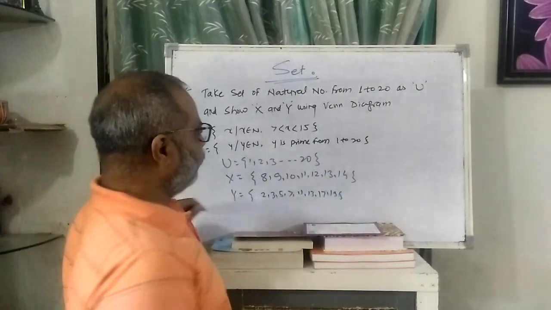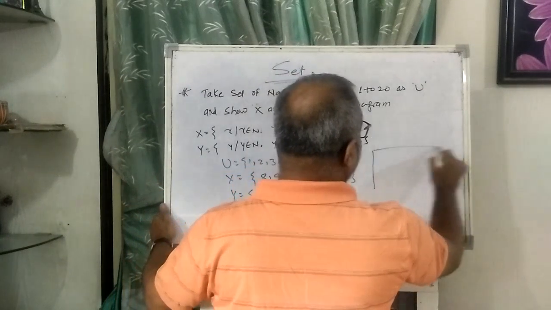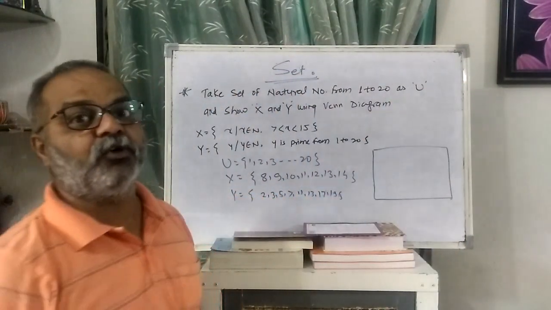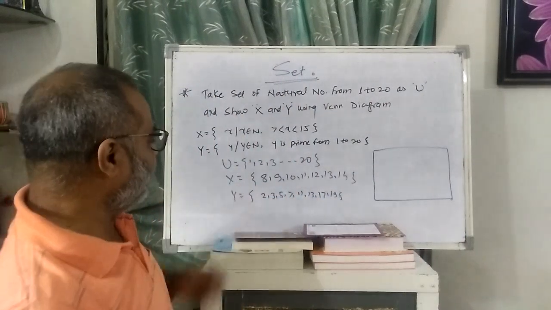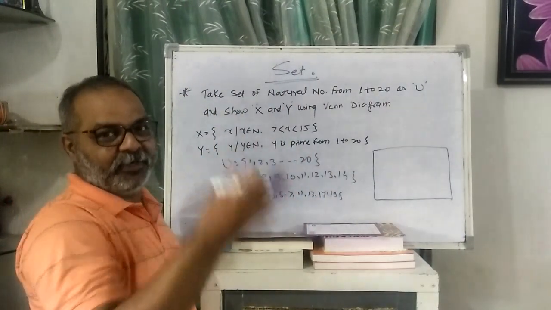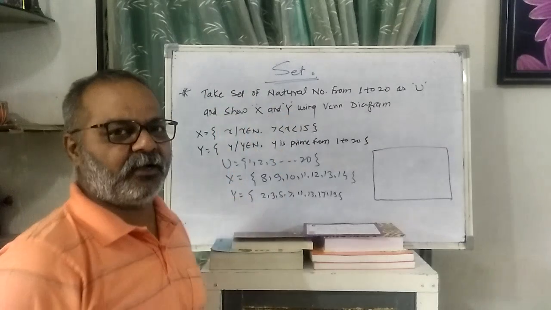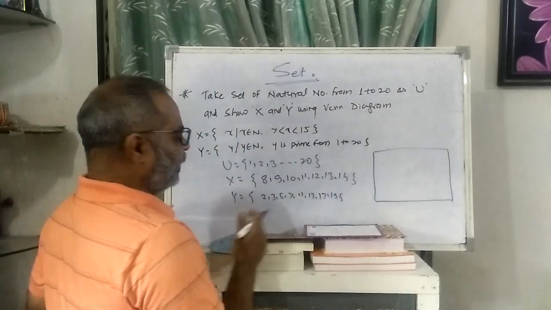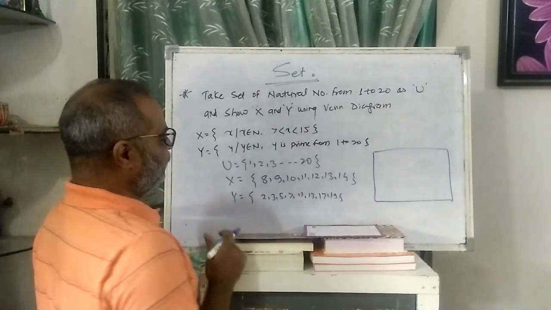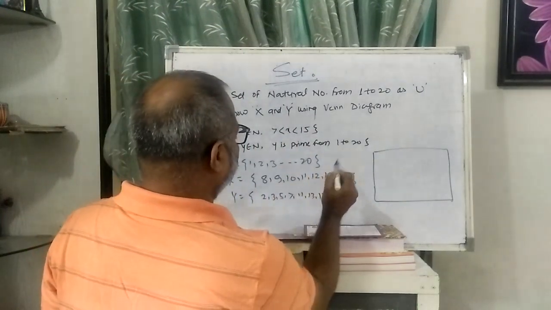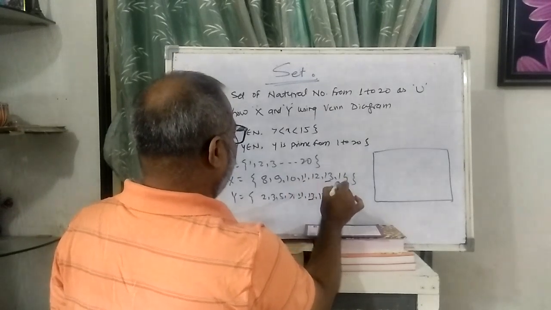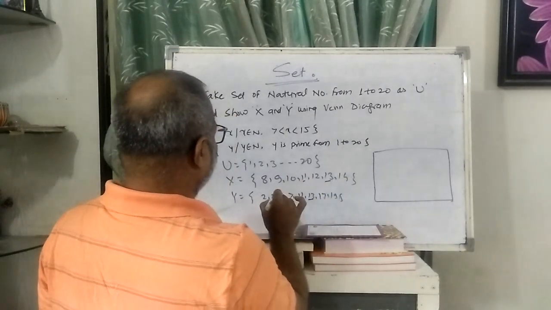Now I just draw the Venn diagram. This is the universal set containing 1 to 20, but there are some common elements. So we have some intersection part. We will discuss union and intersection in the next video, but intersection means the common elements present. So I think the common elements are 11 and 13.